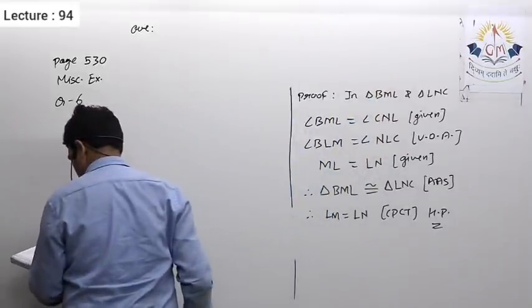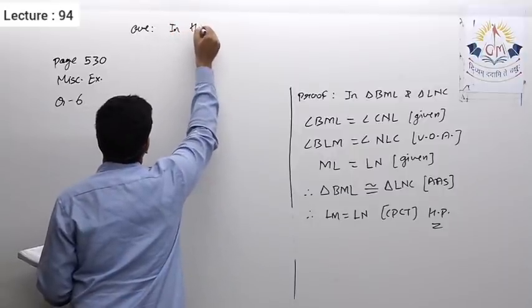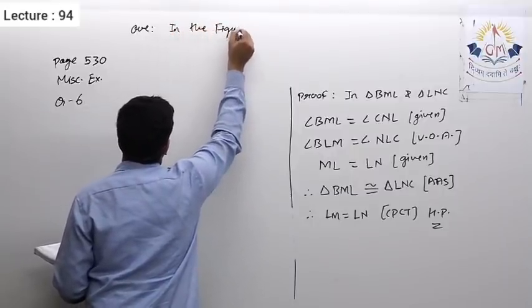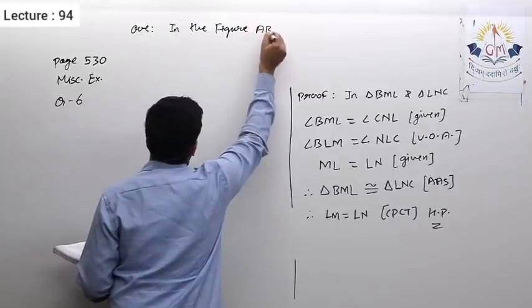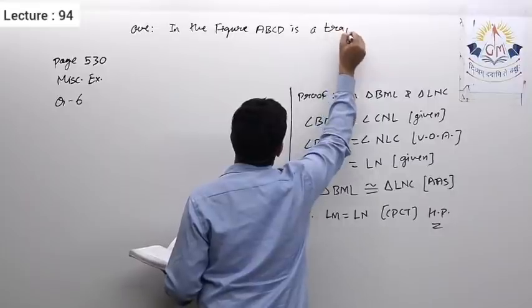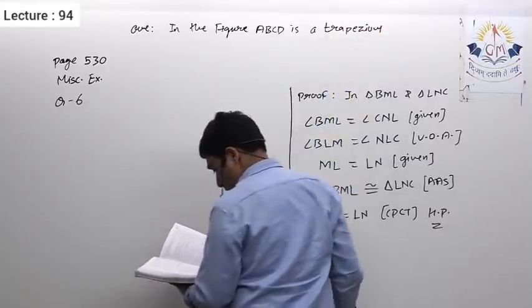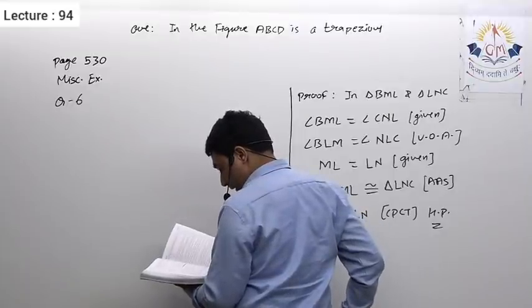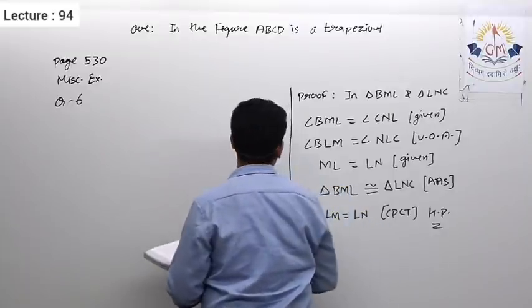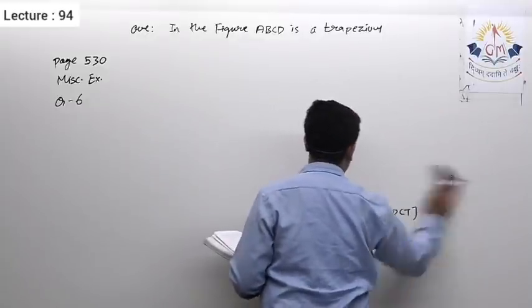It says in the figure ABCD is a trapezium, whose parallel sides are 9 centimeter and 5 centimeter.